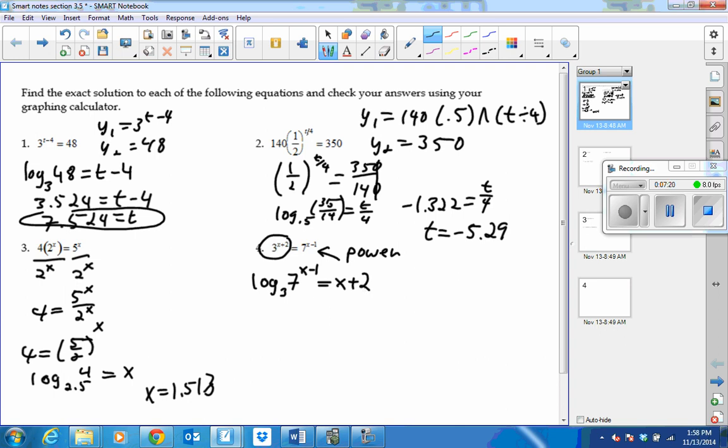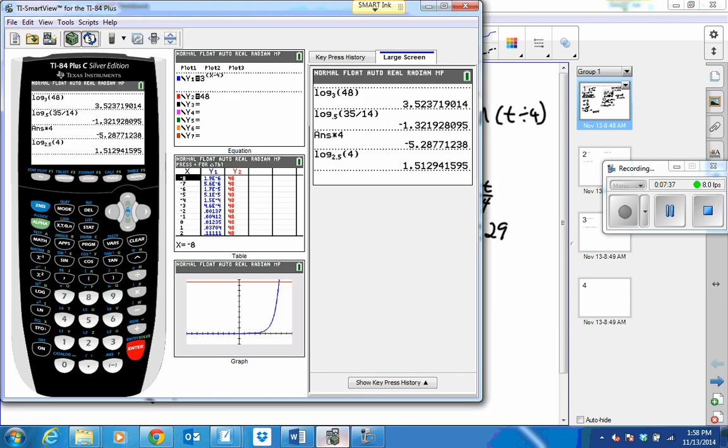Now if you think about putting this in expanded form, this exponent is going to move out to the front. So we're going to say x minus 1 times log base 3 of 7 equals x plus 2. So let's go to our calculator and change log base 3 of 7.